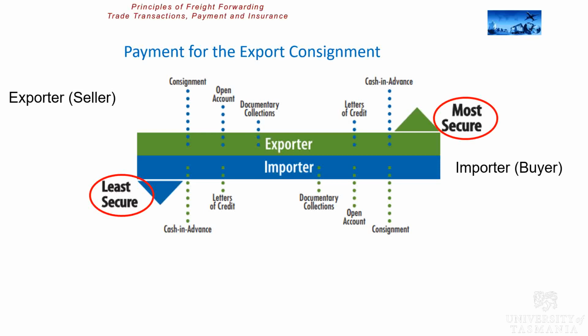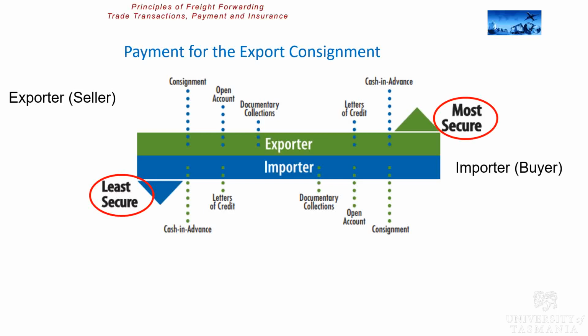Now, some forms of payment are going to be more secure for the buyer, and other forms are going to be less secure. Conversely, some forms are going to be more secure for the seller and less secure for the seller.